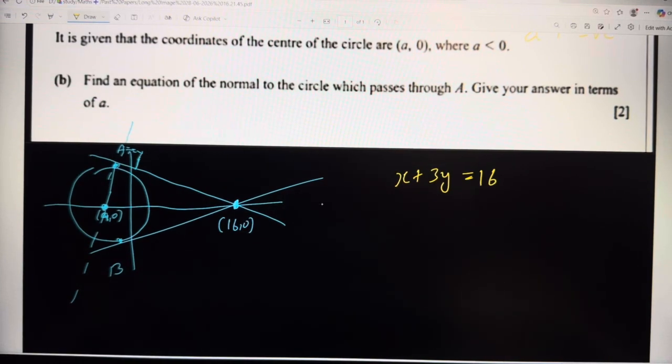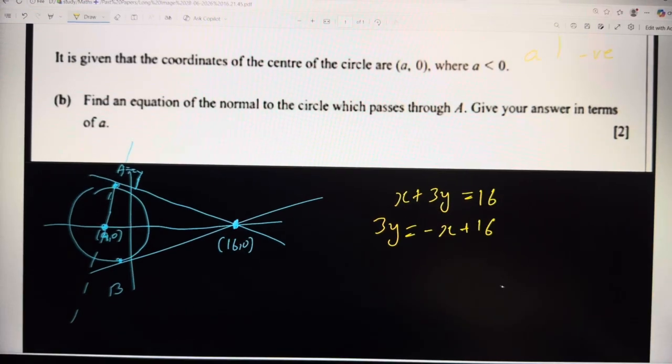Now, this is the equation of the tangent. Here we can take 3y is equal to minus x plus 16, y is equal to minus 1 upon 3 x plus 16 upon 3.